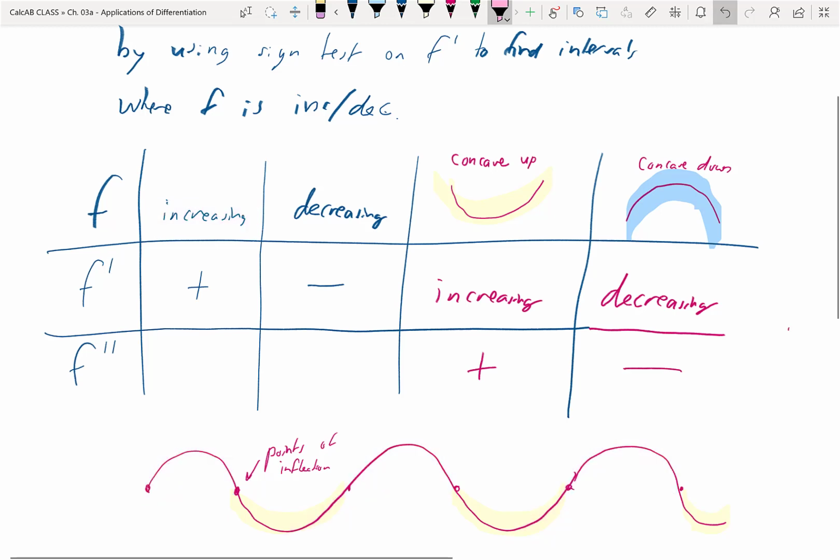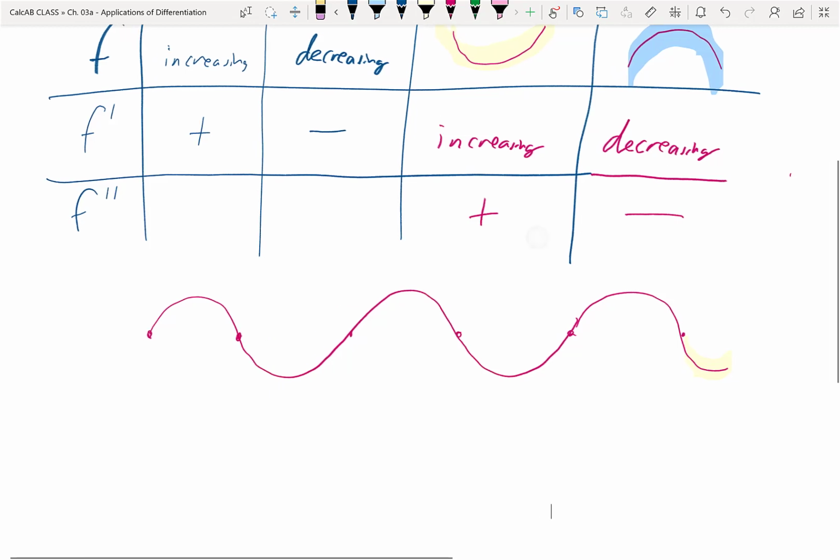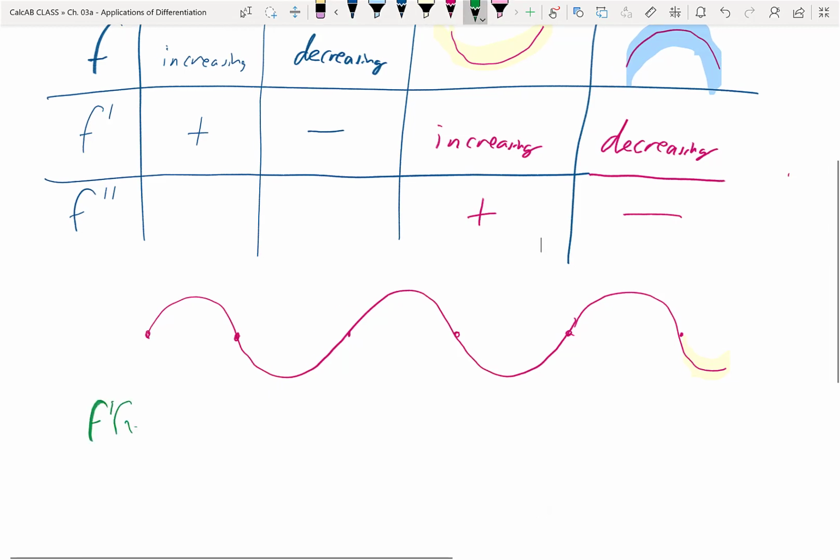So let me go back, and we're going to look at this not from a perspective of concavity, but from a perspective of increasing and decreasing only. So I'm going to keep this graph here, and I'm going to look at where f prime of x is greater than 0, and we're going to do a yellow highlight on that.